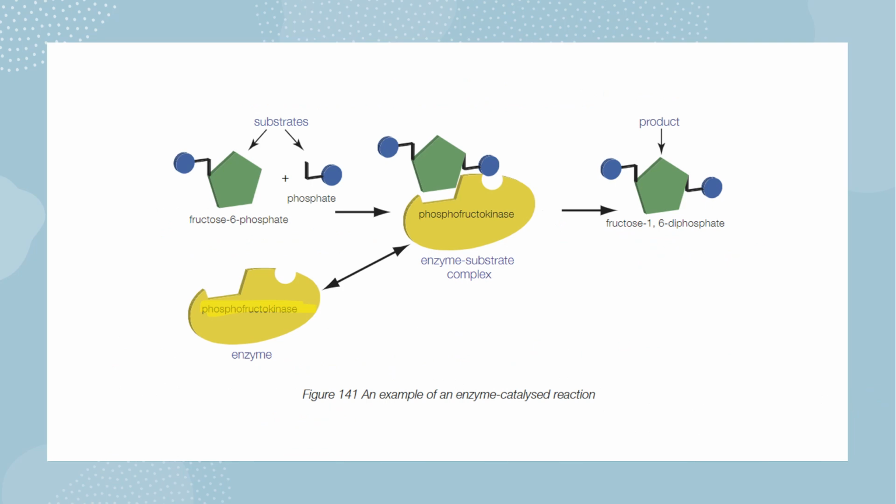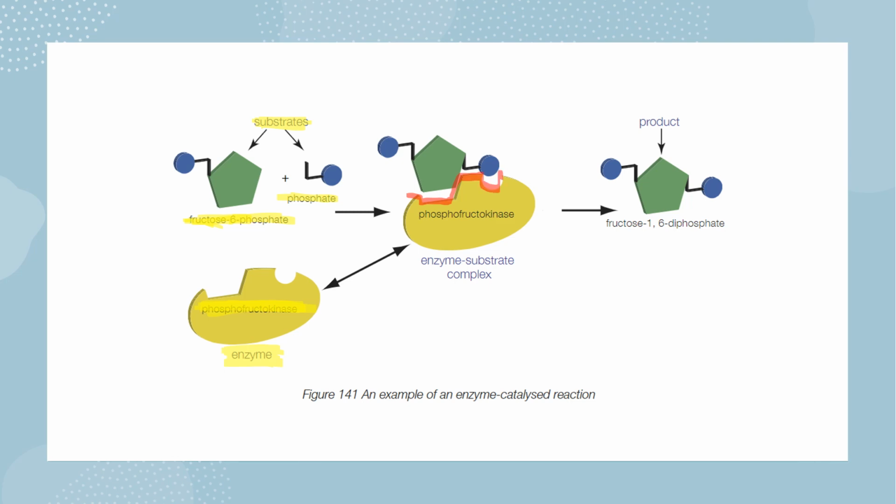This here is just an example that shows two substrates binding to a specific enzyme, so one stage of a metabolic pathway. We can see that we have fructose 6-phosphate and a phosphate. They are our substrates. We can see that they are binding to a specific, remember, specific enzyme, phosphofructokinase up here, and you can see that their shape fits in here perfectly.